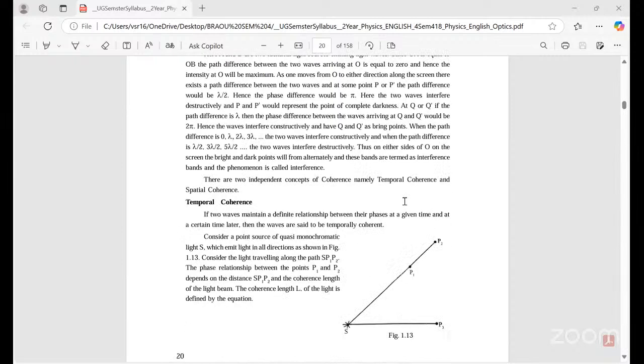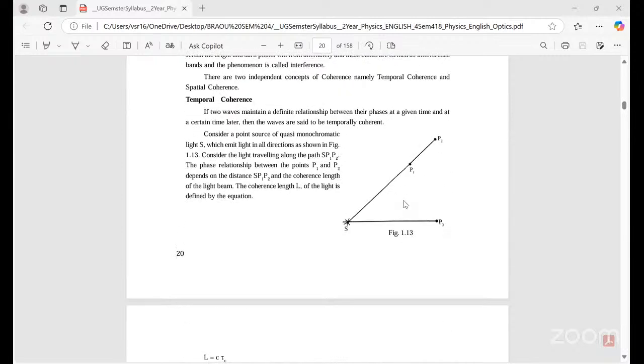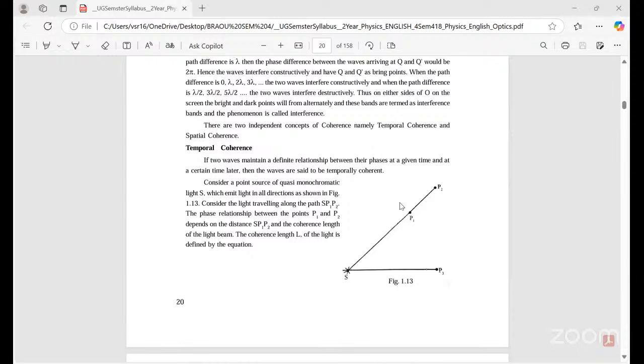What do you mean by temporal coherence? If two waves maintain a definite relationship between their phases at a given instant of time and a certain time later, they are said to be temporally coherent. This is the source S1.